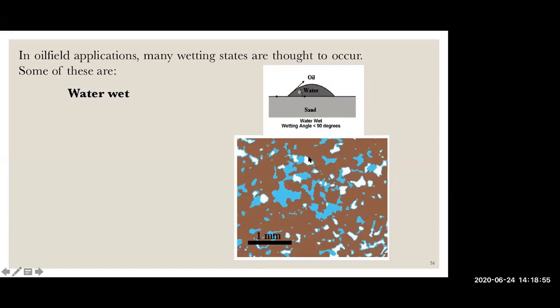Also, if you look at the surface, you will find the water forming a thin layer on the sandstone, covering the core. So the grains of this rock will be covered with water, because the water has a tendency to spread. The oil or the supercritical CO2, because they have the same behavior, will be occupying the bigger pores in the middle of the pore. So you can see here, water is spreading over the grains of the core, and the oil, or the supercritical CO2, is in the middle. This is water wet. The contact angle, if you measure it on the surface, will be lower than 90 degrees.